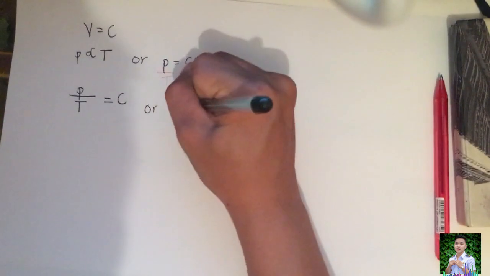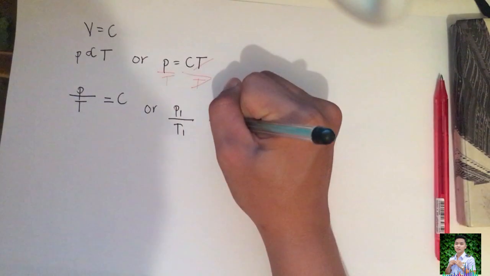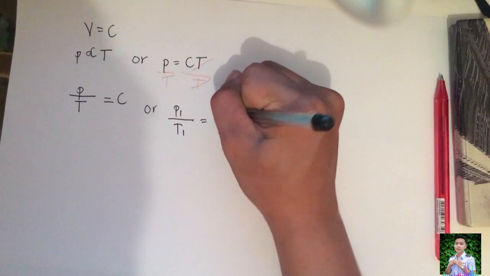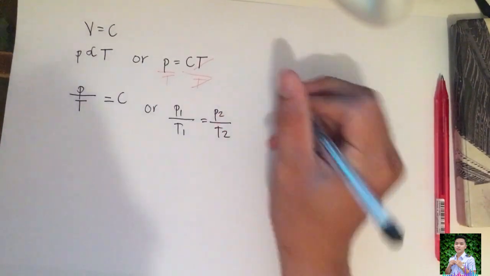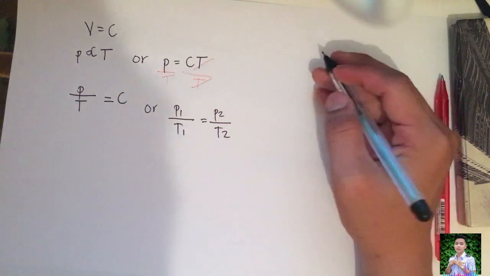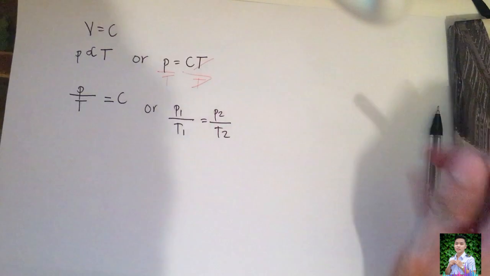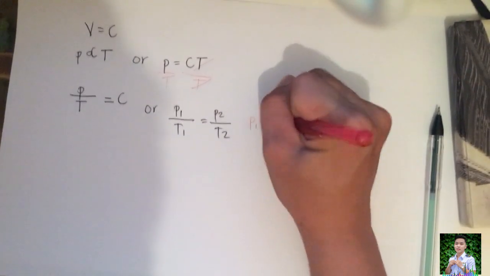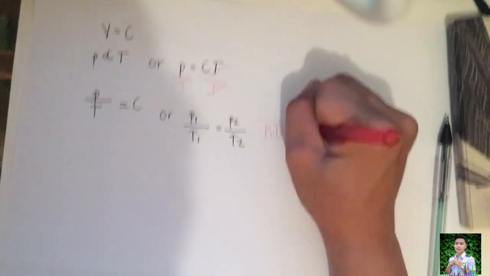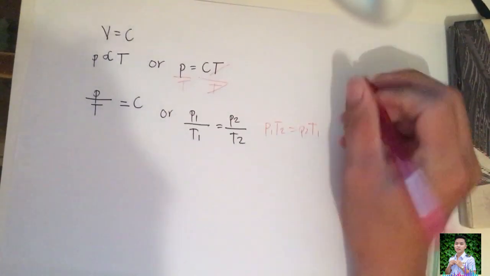Or P1 over T1 is equal to P2 over T2. Or if we cross multiply, we have P1 T2 is equal to P2 T1.